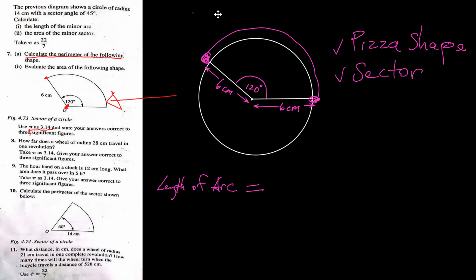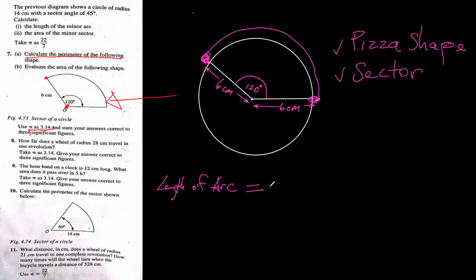Pizza. Huh? What is the formula for length of arc? Yeah, go ahead, Michael. Theta divided by 360 times 2 pi r.